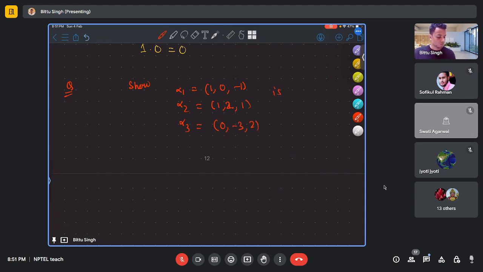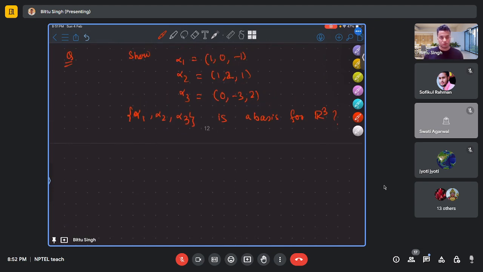Is the set alpha 1, alpha 2, alpha 3 a basis for R3? How will you check if it is a basis or not?